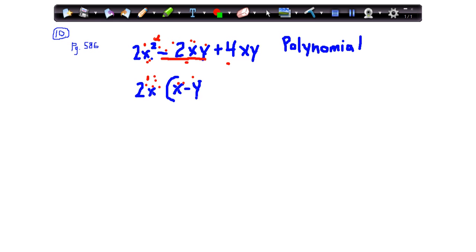Remember, what's outside here, this 2x, is multiplied to what's inside here. Alright, so let's now factor the next term, which is the plus 4xy.